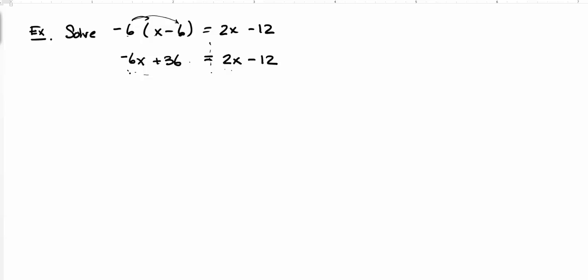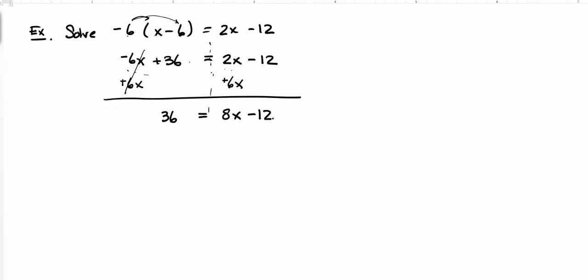Well, I can think to myself, if I add 6x over to this side, my constant terms stay positive, right? And I can get rid of that negative 6x over here. So I have positive 36 equals 8x minus 12.